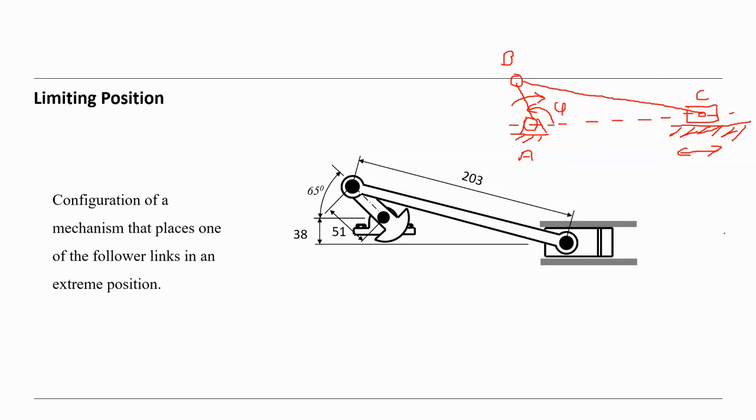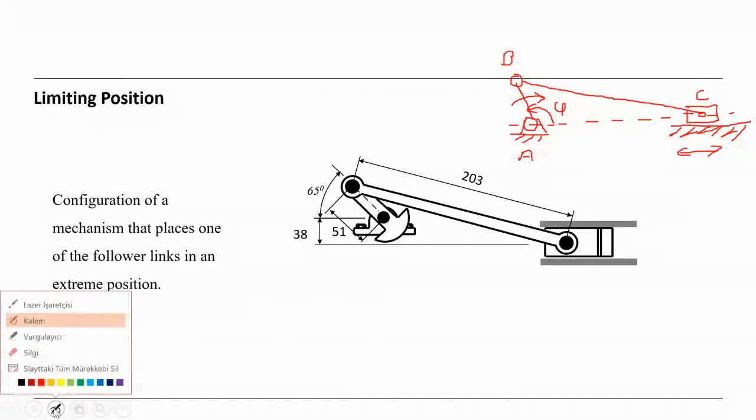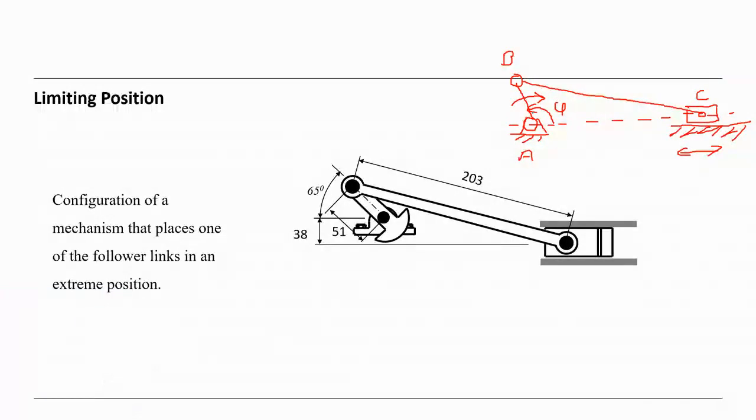So what are the limiting positions, configurations of a mechanism that place one of the follower links in an extreme position? What are the extreme positions here? Let's think that this crank is making a circular motion like this.